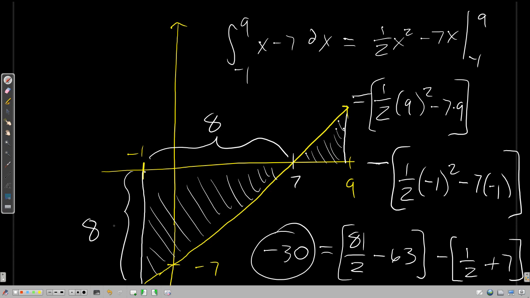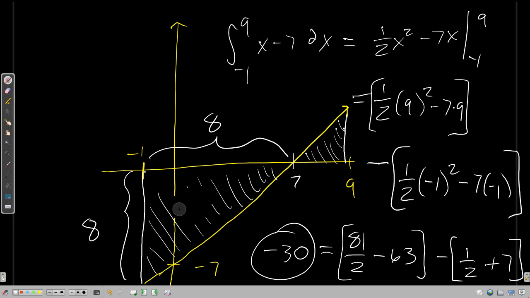It's half of an 8 by 8 square. This area right in here is 64 over 2, so 32.